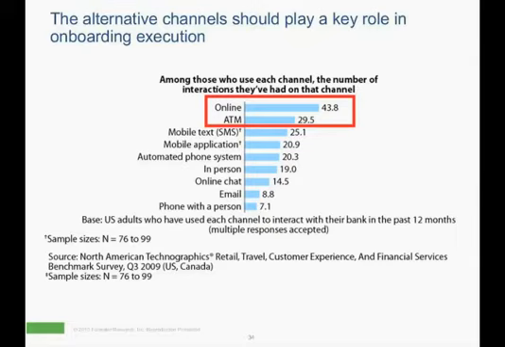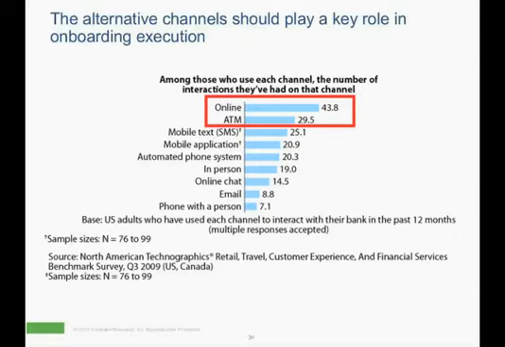We may never see them in a branch after the account is opened up. They may not be as willing to accept that phone call. Where are we going to see them? We're going to see them through the alternative channels: digital, online, ATM.